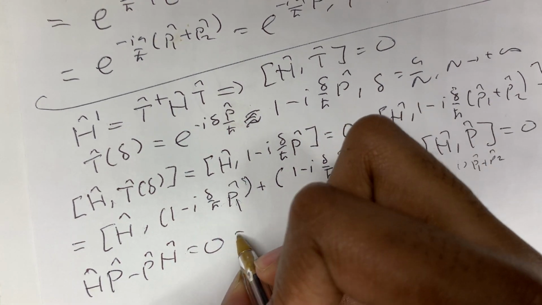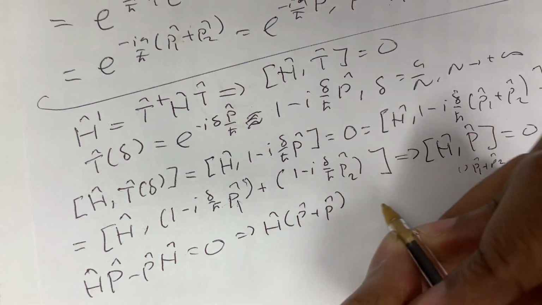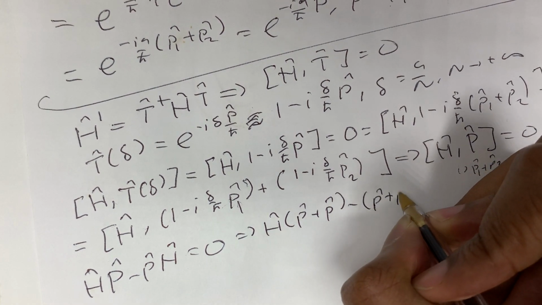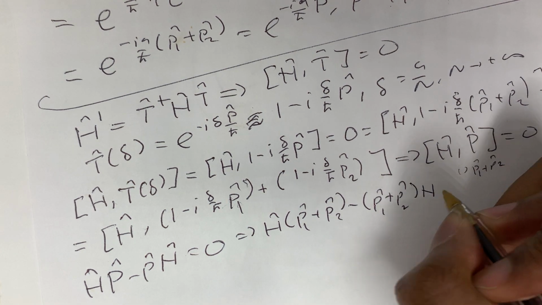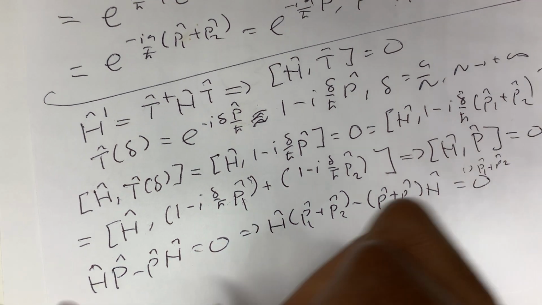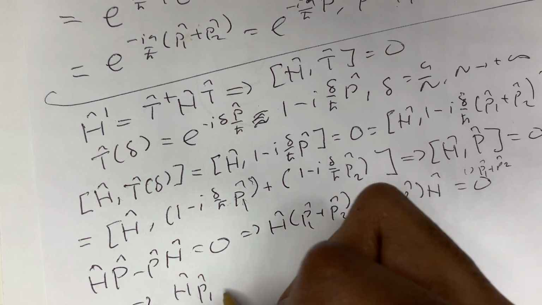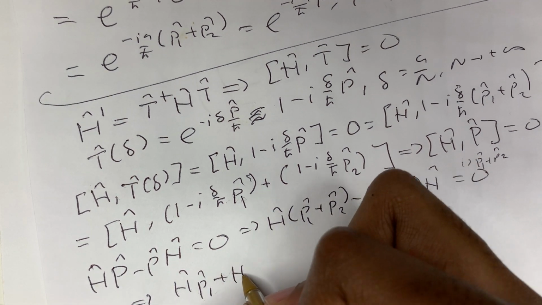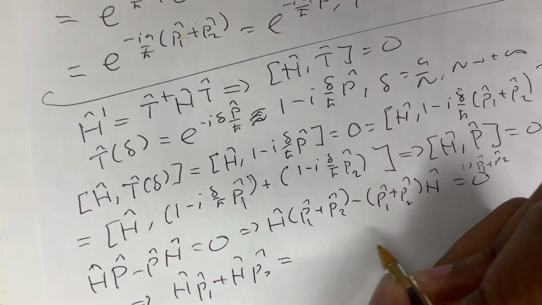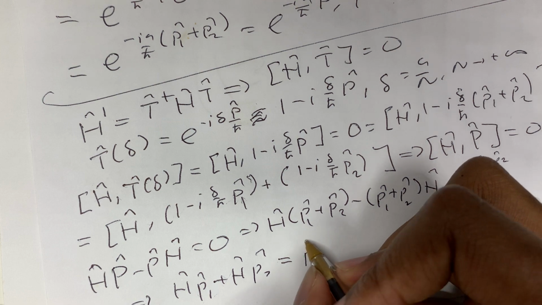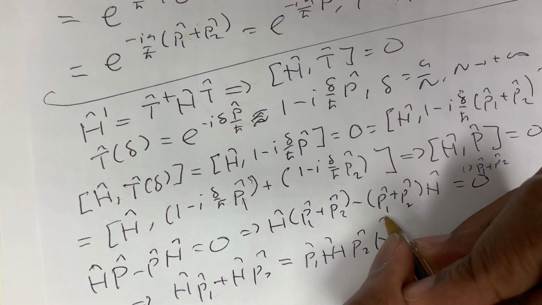This implies Hamiltonian working on p hat plus p hat minus p hat plus p hat, this should be p1, p2, equals 0, which implies that the Hamiltonian acting on p1 plus the Hamiltonian acting on p2 equals basically p hat 1 is the Hamiltonian plus p hat 2 which is the Hamiltonian.